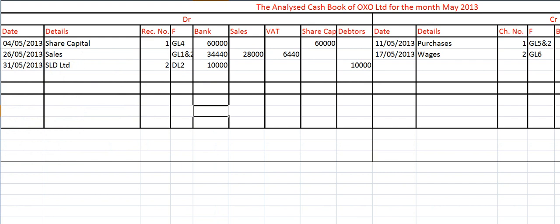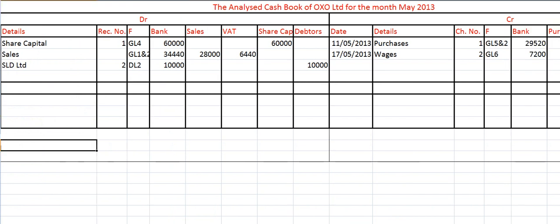Excellent. So now what we have to do is balance the analyzed cash book. The first step towards balancing is you see which side is larger, which bank column is larger. I'd just like to do a bit of rough work down here.